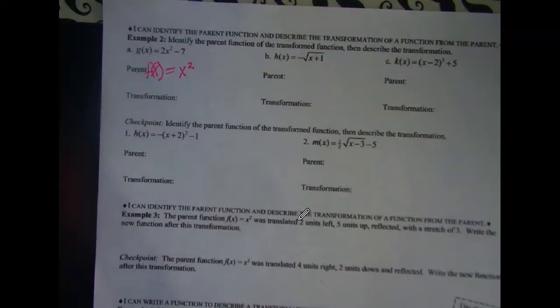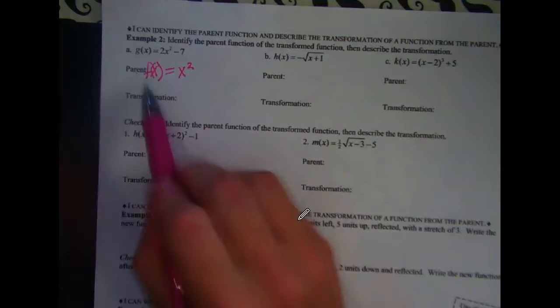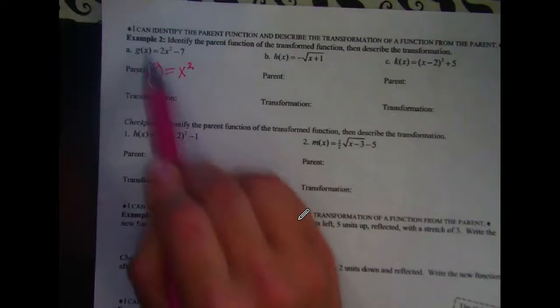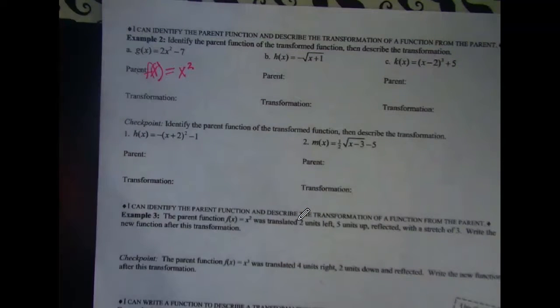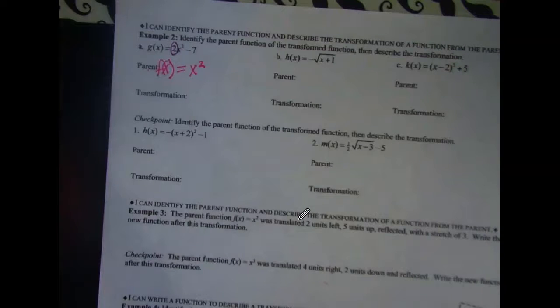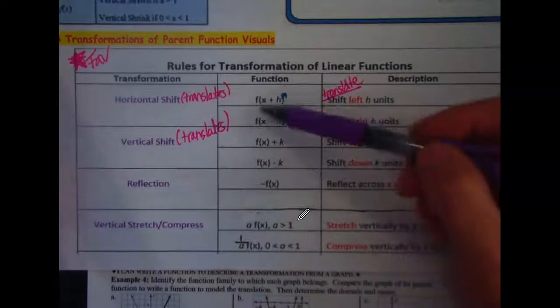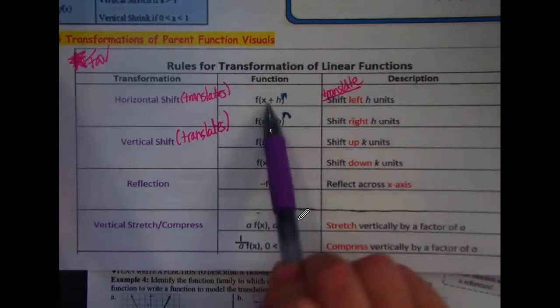The next part, we have to figure out what is being done here. So we're going to be looking at the examples to see what's happening. So right away, I notice something is being multiplied out front. I'm going to circle that, because in my chart, I'm going to look for something that's multiplied out front. So going back to my chart, I'm using this bottom one, and so we have f of, and then we have something in parentheses.